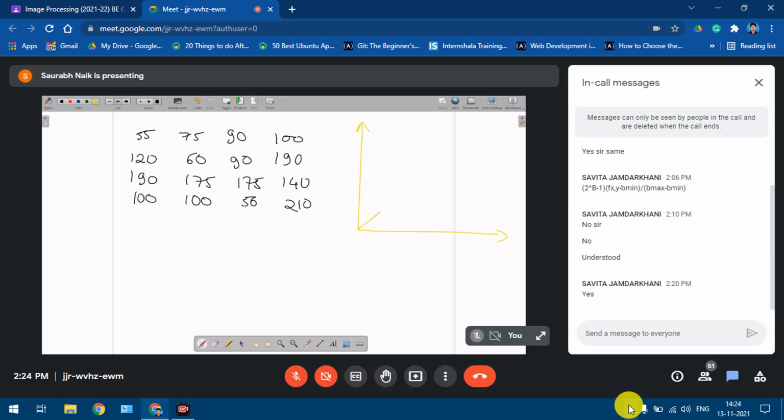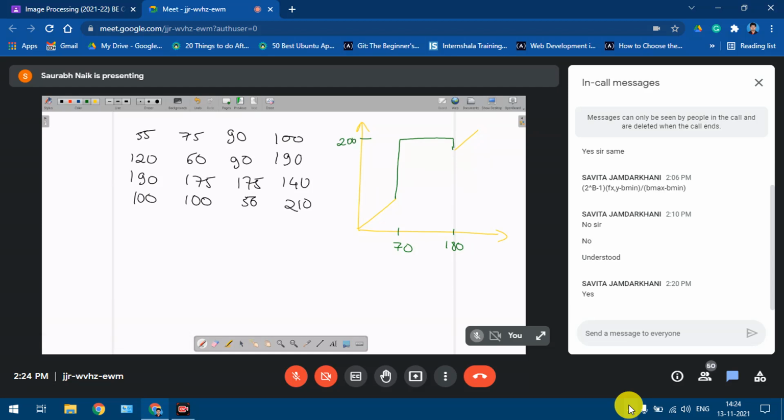You will have a straight line, and between 70 and 180, approximately here, we are wiping this part off, and this value is set as 200.